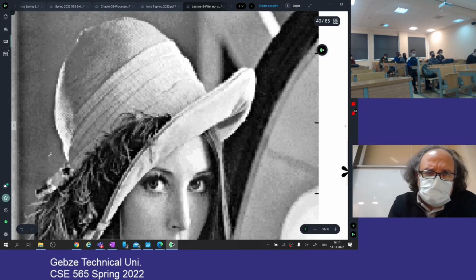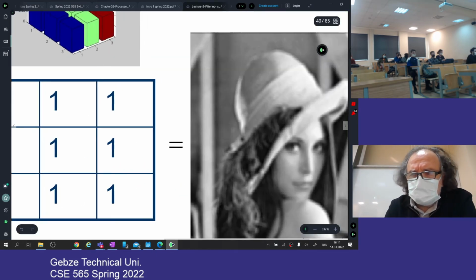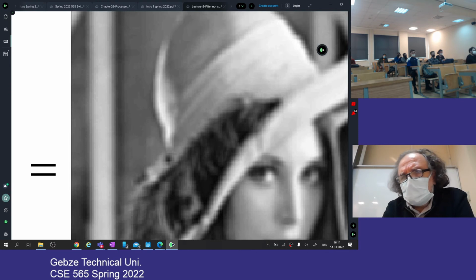There is a kind of a line here, another line there, another line there. What happened to those lines? Yeah, I don't see them as good as before. I kind of assume that there are lines, but they are all gone. So I lost the detail. I don't see the details anymore.